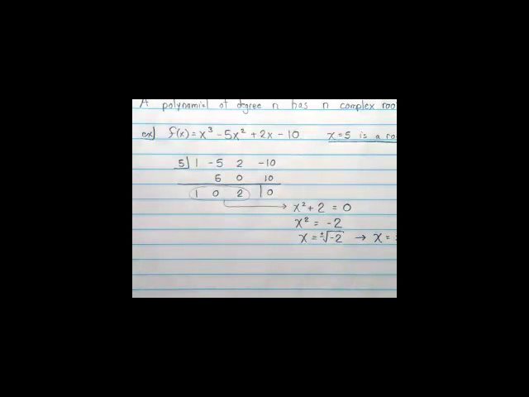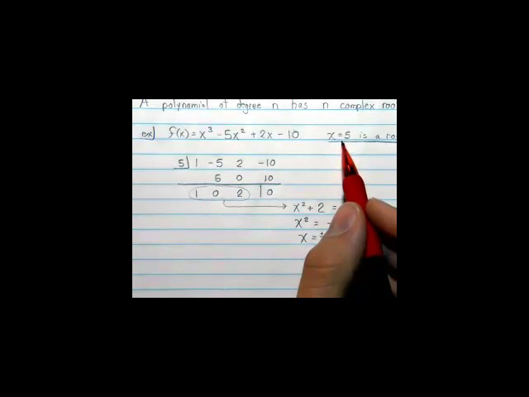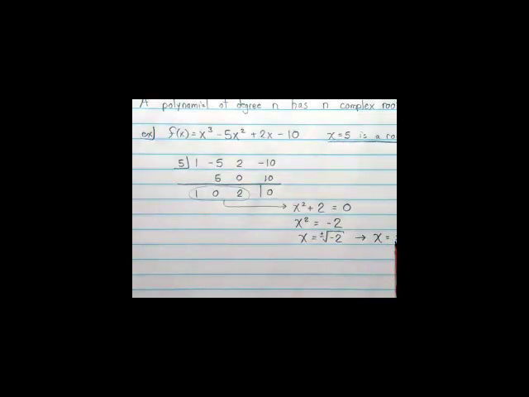Okay, because it's the square root of negative 2, we get rid of the negative, and that's the i, because the square root of negative 1 is i. All right, so we've got 1 real root, 2 imaginary roots, 3 complex roots altogether.